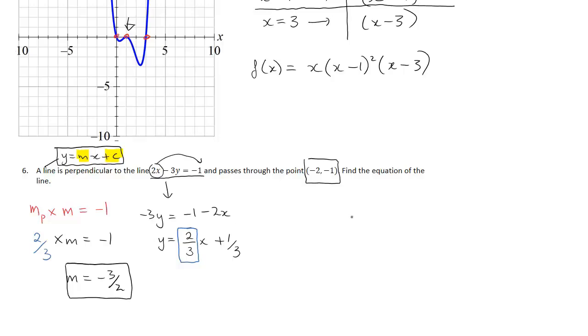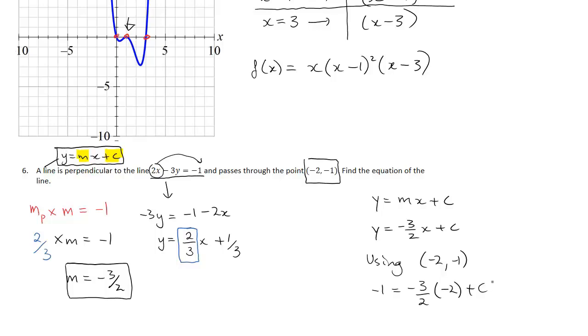Okay, so far what we can see is if we fill in information about our unknown line, we know that y is equal to -3 over 2 x plus c. And then we use this point here. So using -2 and -1 to find your c value. So you just have to substitute in y as -1, and for your x value, substitute in -2, plus c.